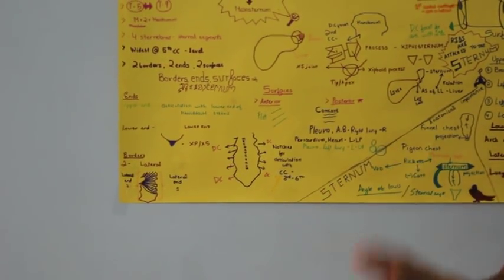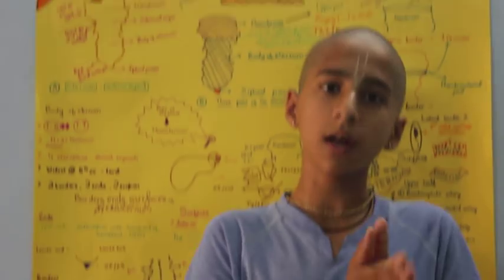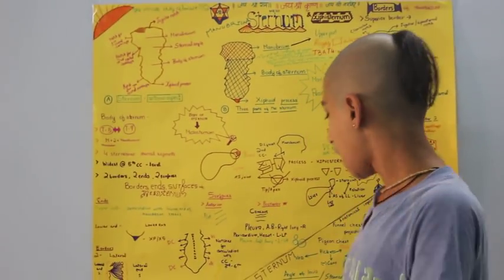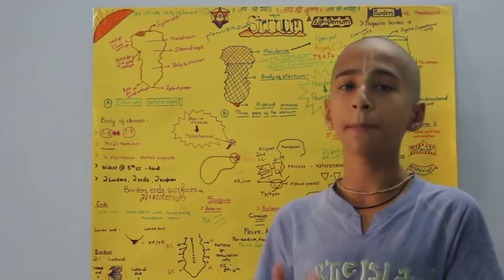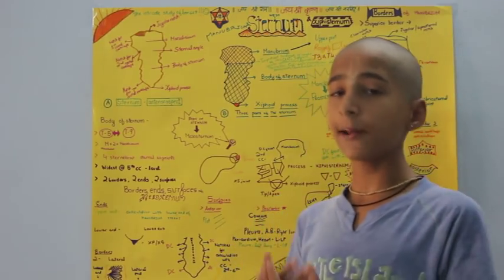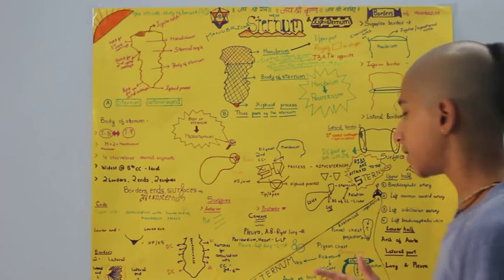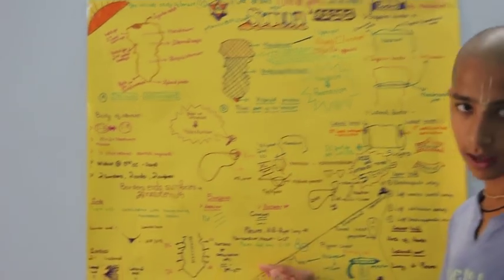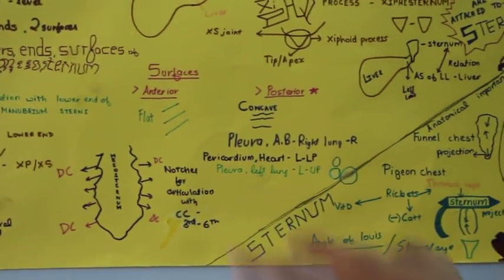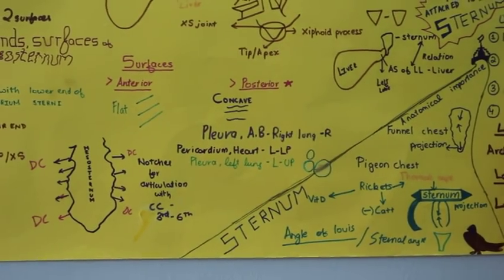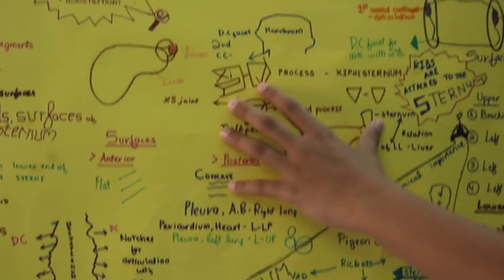The left side lower part of the mesosternum is related to the pericardium and the heart, whereas the left side upper part is related to the pleura and left lung. So this is the posterior position, and the posterior surface is a little bit concave, whereas the anterior one is flat. Now we shall see the xiphoid process.